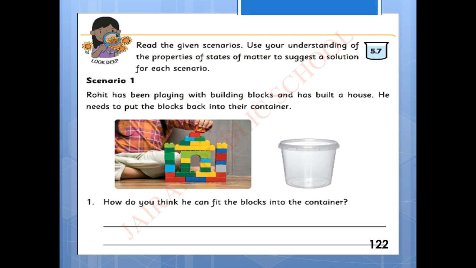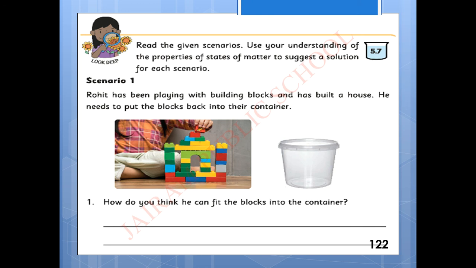Now here we have an activity. Now read the given scenarios using your understanding of the properties of states of matter to suggest a solution for each scenario. Two pictures were given. We need to observe the pictures and answer the questions given. In scenario 1, Rohit has been playing with building blocks and has built a house.